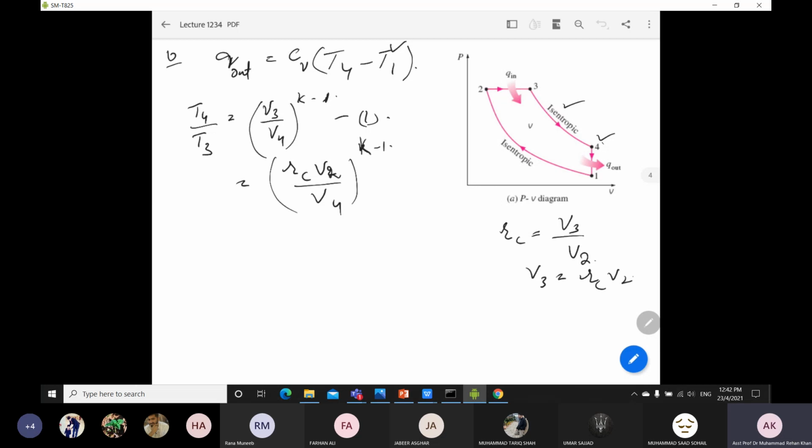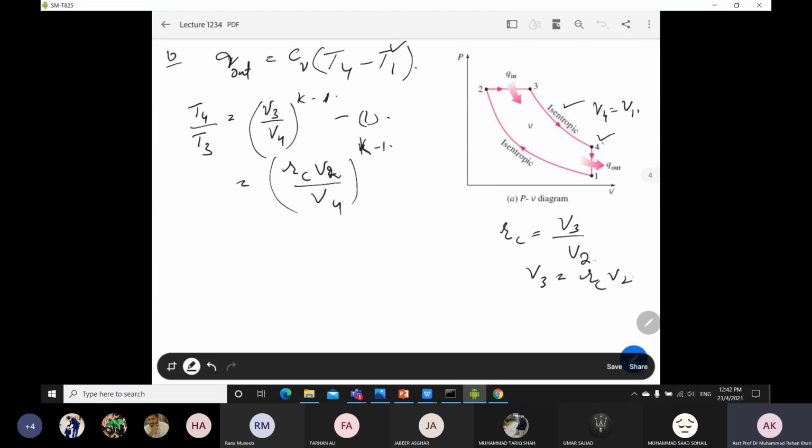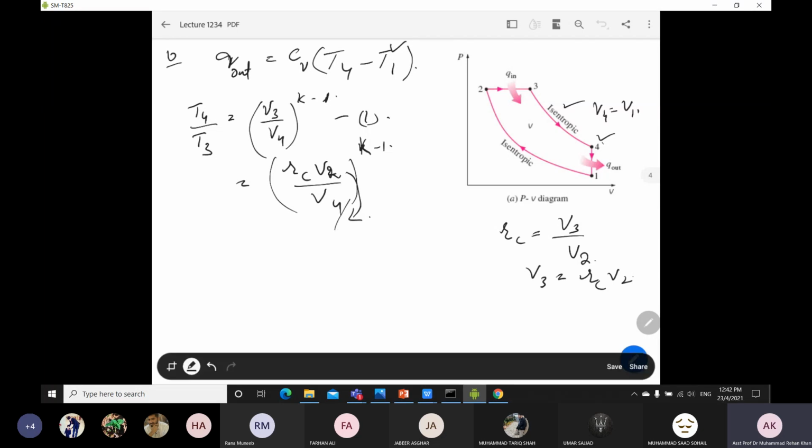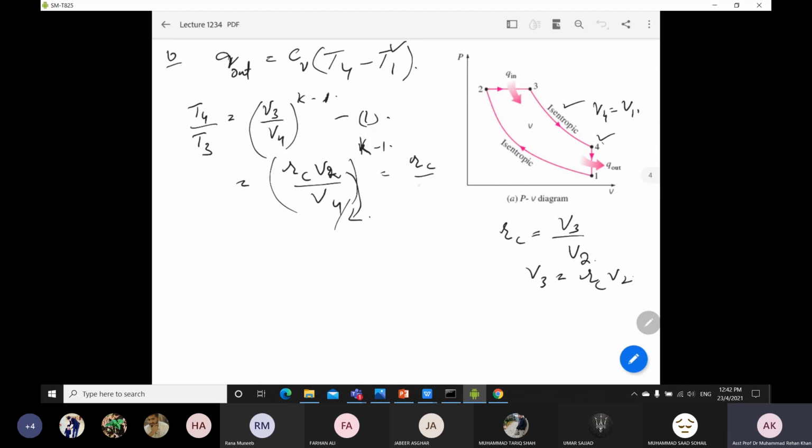And if you notice over there that V4 is equal to V1 from this PV diagram, so it means that if you put this V2 in the denominator, it turns out to be V1 over V2 because V4 is equal to V1, so that equation will be RC over compression ratio, to the power K minus 1.